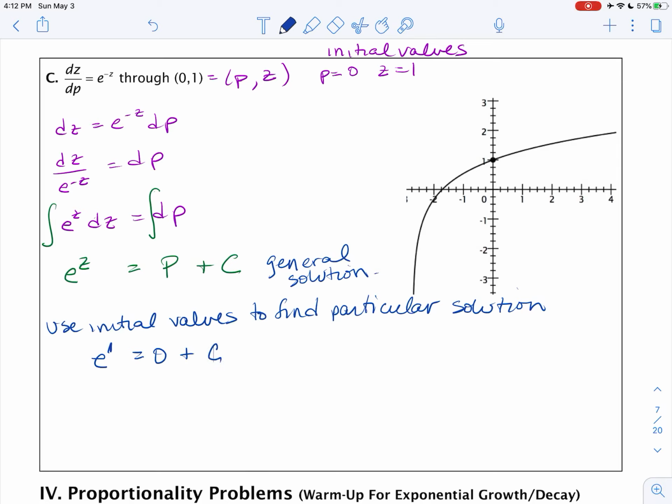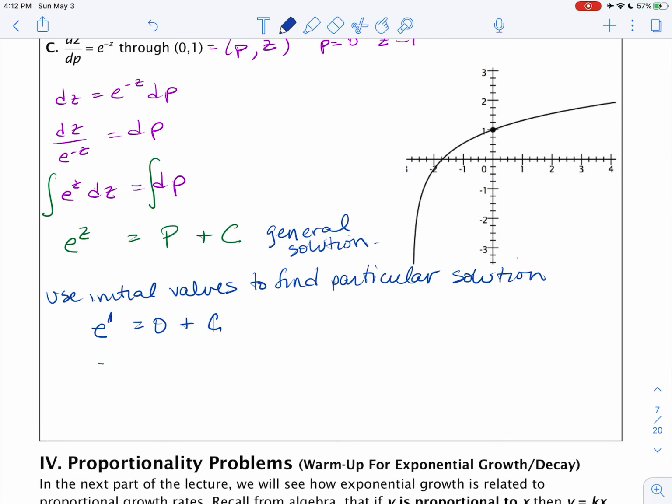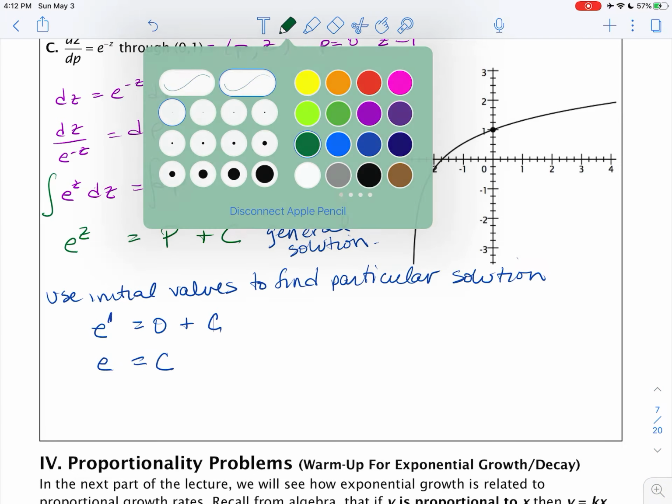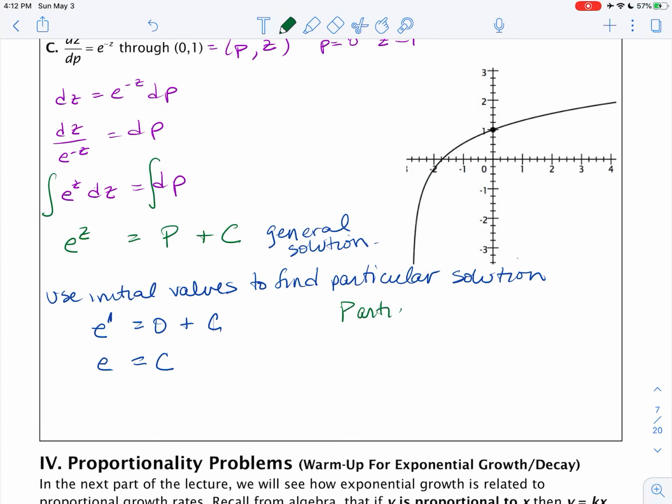Right? And now I can solve for c, and c is just equal to e, that 2.78 constant. So my particular solution is going to be the general solution, but with the replacement of the c value. So this is going to be e to the z equal to p plus e.